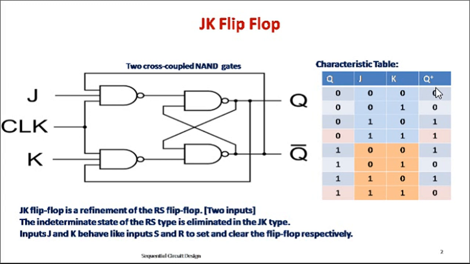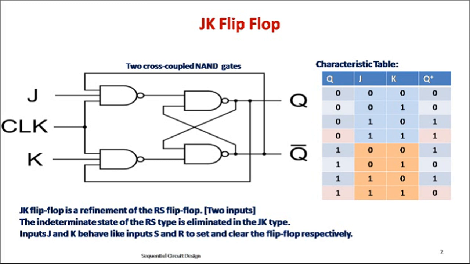Q plus 1 is nothing but the output after the clock cycle has passed. For 0 1, it is 0; for 1 0, it is 1; and whenever both are 1, the output is the complement of Q. So if Q is 0, then it is 1, and if Q is 1, then it is 0.